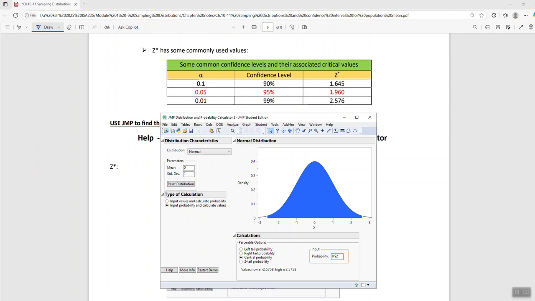Even though this is not common, you can still have it. So a 92% confidence level corresponds to a Z star of 1.7507.